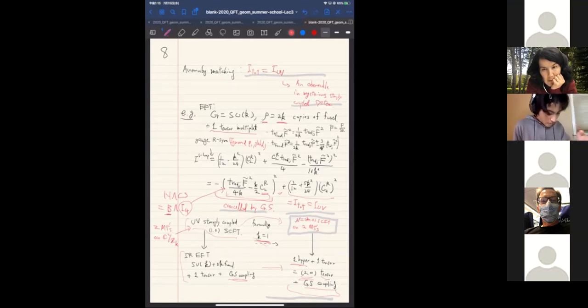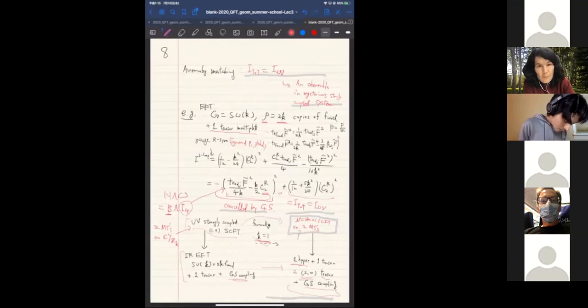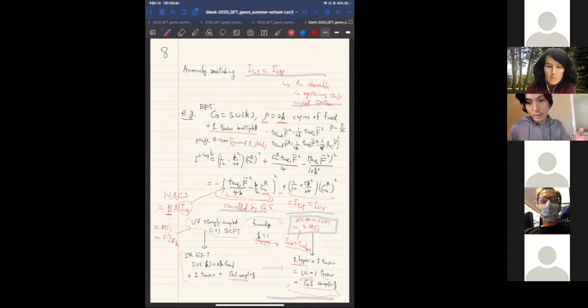But if you assume some kind of continuity in K, then this also computes the anomaly polynomial for the (2,0) CFT, and it matches the computation by other means, namely the anomaly inflow. So you can just substitute K equals 1 here, and you get something like 11 over 12 times C2R squared. That matches the computation from M-theory. You can directly compute the UV anomaly polynomial from the M-theory point of view in this case, and it matches.